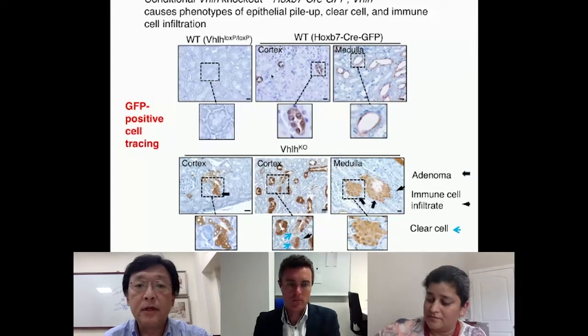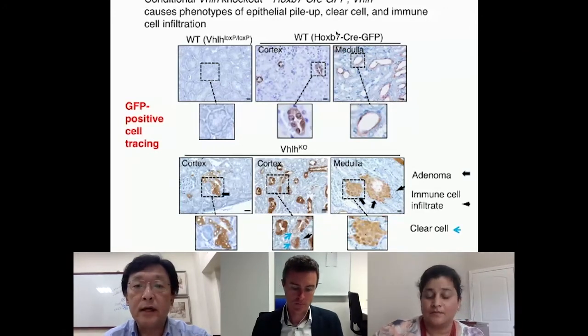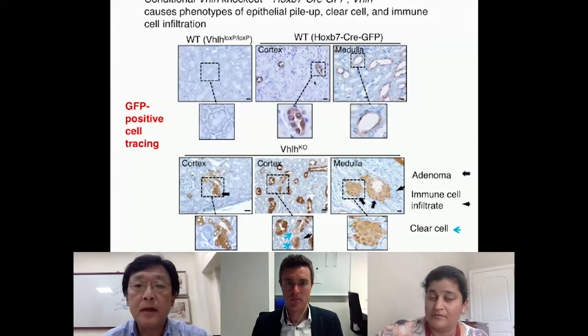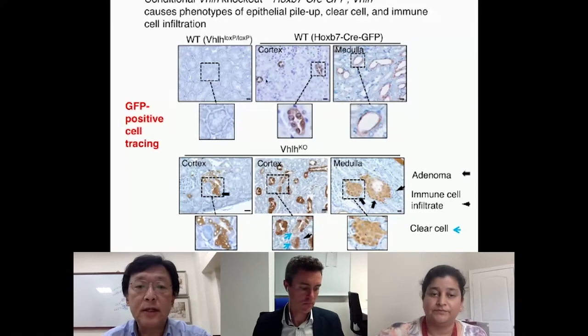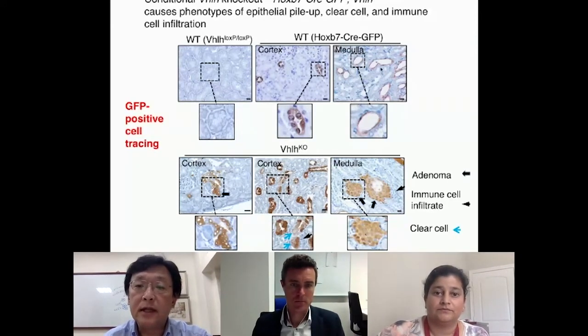For example, using the wild type, just the GFP without VHL, you can see the expression is in the cortex, even in the proximal tubules, and also in the medulla. This looks like Henle's loop. But using GFP, we can trace the mutant cells.